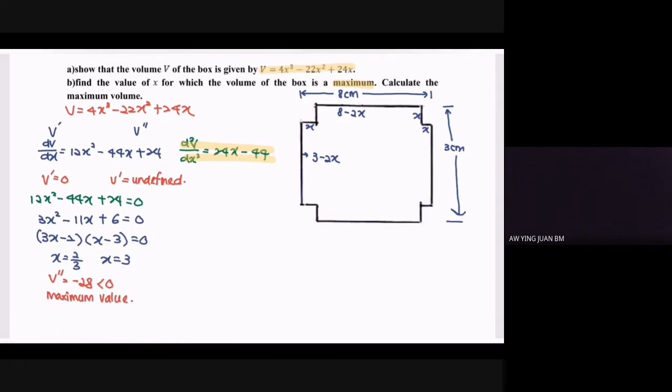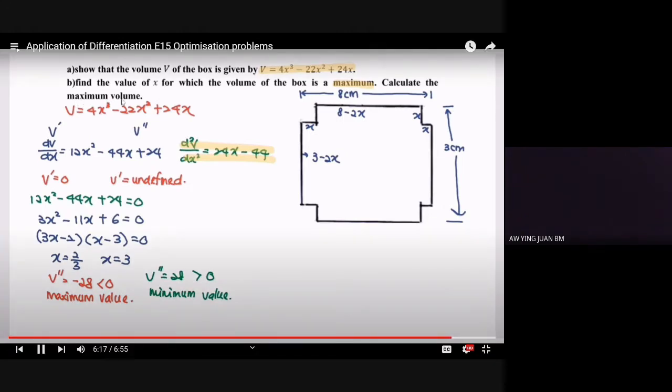As for x equals 3, if we substitute into V double prime, we will have V double prime equals 28, which is greater than 0, so it is the minimum value. So kindly refer to the question, find the value of x for which the volume of the box is maximum. The answer is x equals 2 over 3.